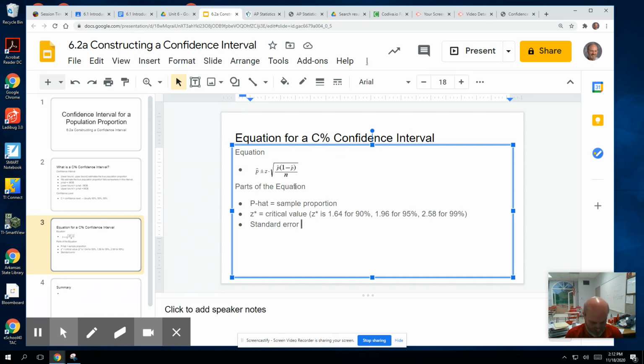So the standard error for this sampling distribution of p hat, and altogether, the z star times the standard error, we're going to abbreviate standard error as SE.